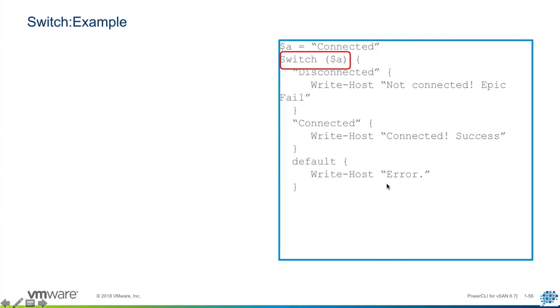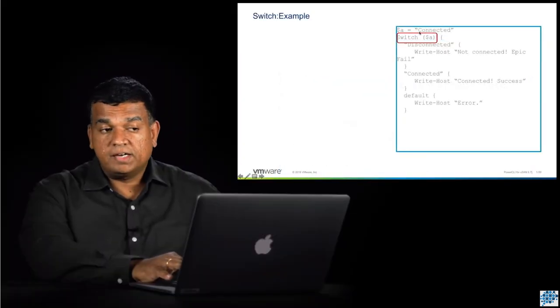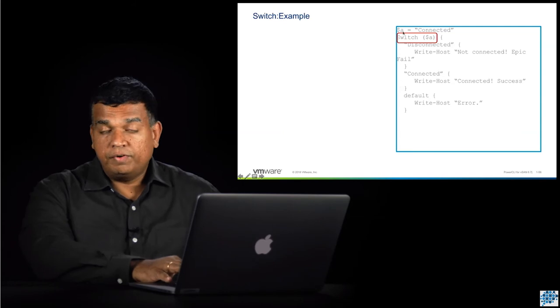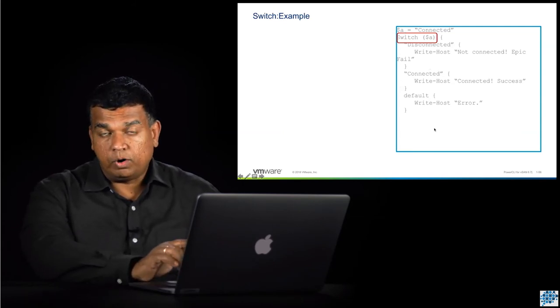For this particular piece of code, I have already set the value of the variable a to connected. So when the value of the variable a is connected, it will just execute the block which says connected. Based upon the value of the variable, it will execute one of the statement blocks.